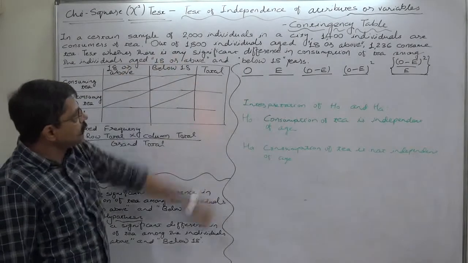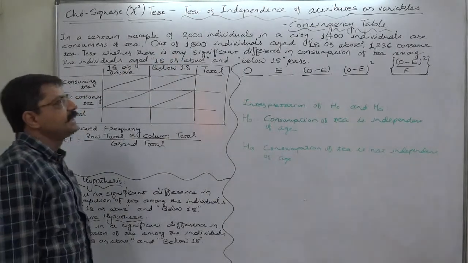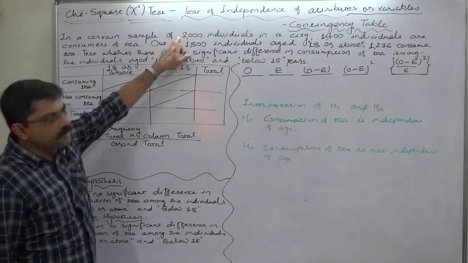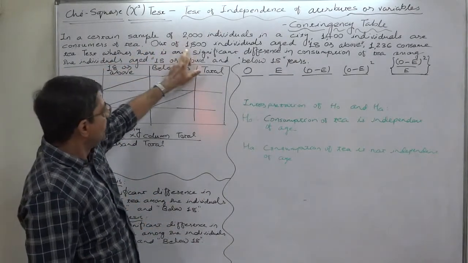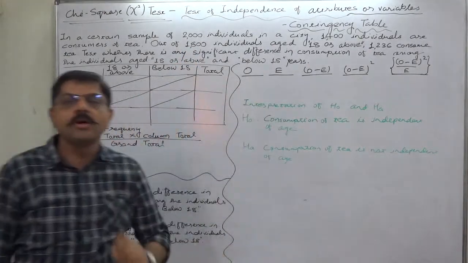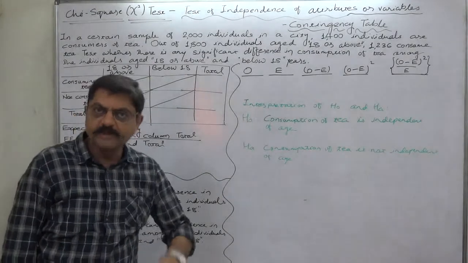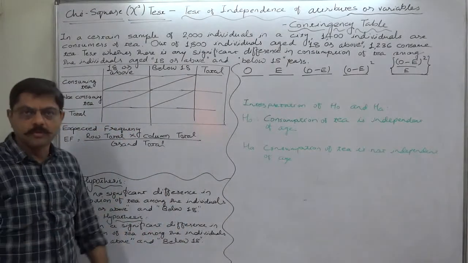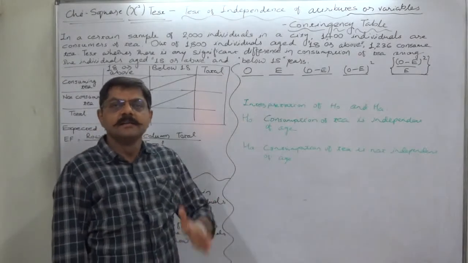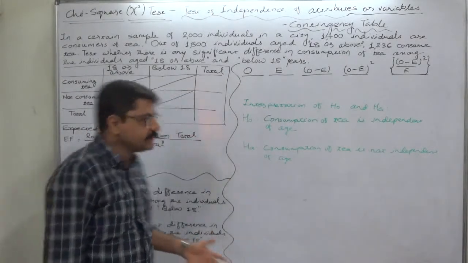Out of 2000 individuals covered under the survey, 1800 individuals are aged 18 or above. That means 200 were not 18 or above, so we can say that the remaining 200 are less than 18 years of age.